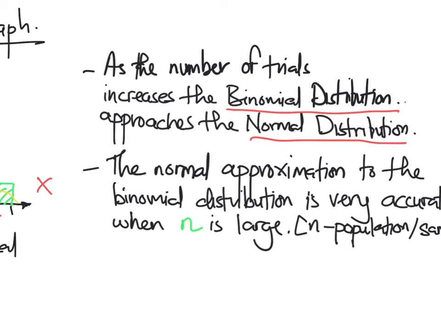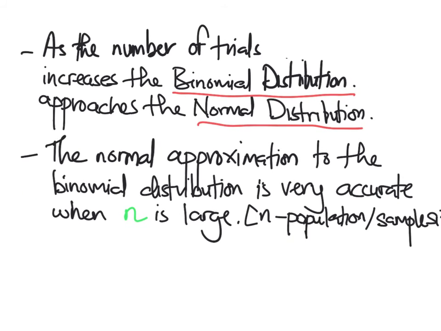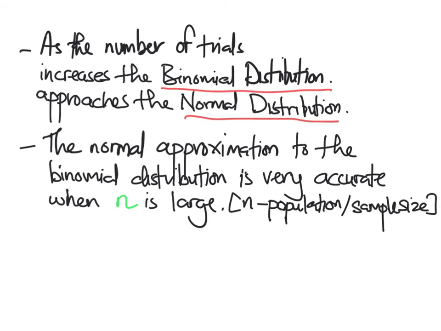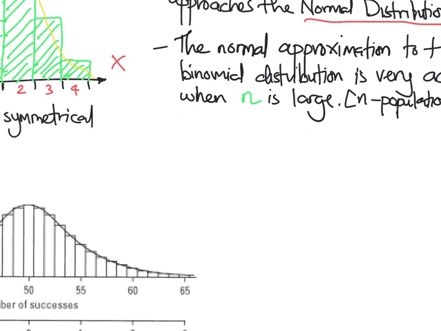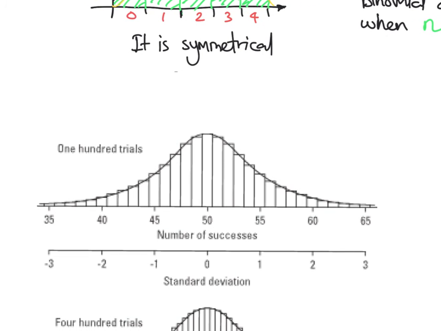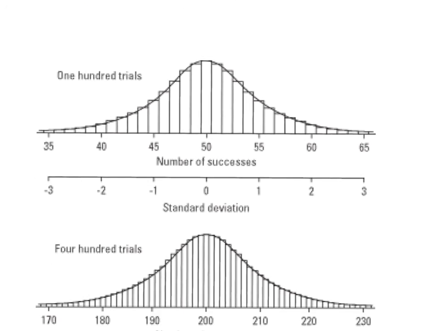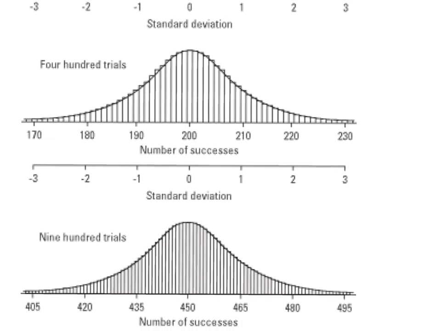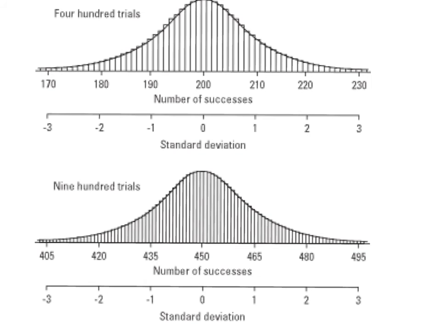As the number of trials increases, the binomial distribution approaches the normal distribution. The normal approximation to the binomial distribution is very accurate when n is large. Let's look here. That's 100 trials, that's 400 trials, and that's 900 trials.